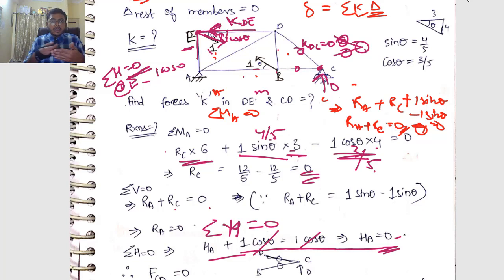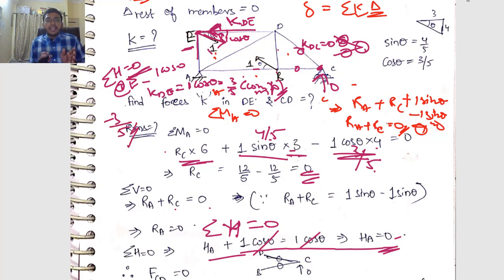So to get sigma H equal to 0, it has to be a compressive force. So KDE equals minus 1 cos theta. 1 cos theta was 3 by 5 compression, and 3 by 5 compression means minus 3 by 5. Always remember, compression means you have to write a minus value. If tensile, you write 3 by 5. As it is compression, you write minus 3 by 5.